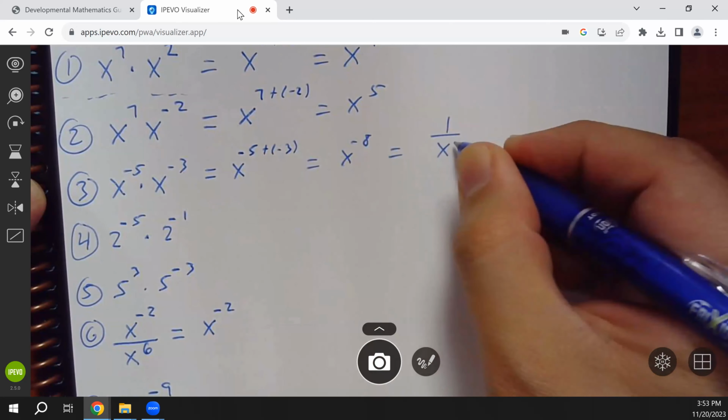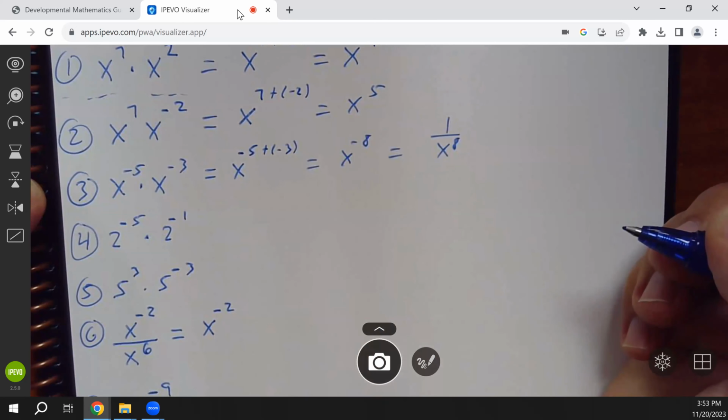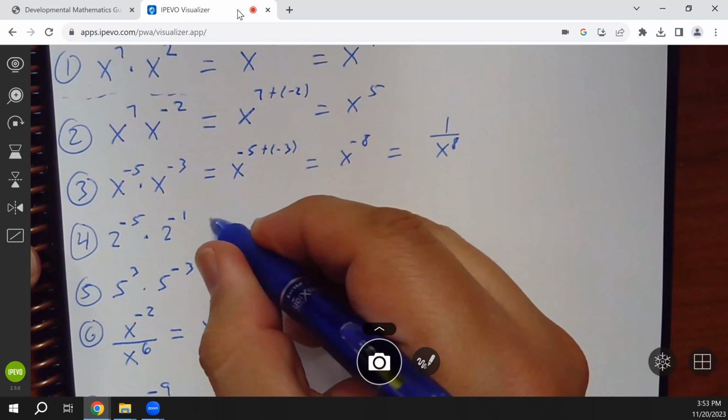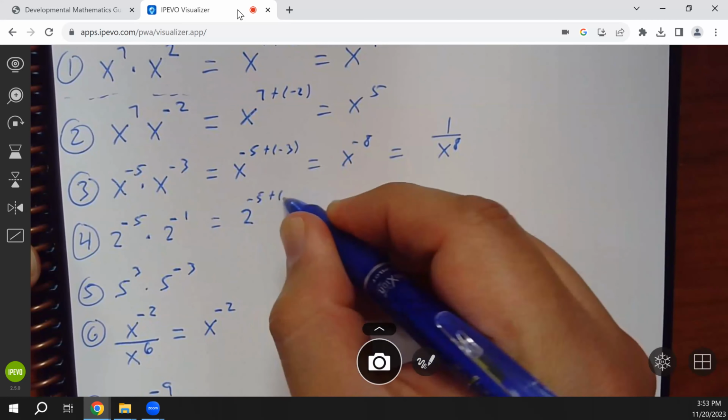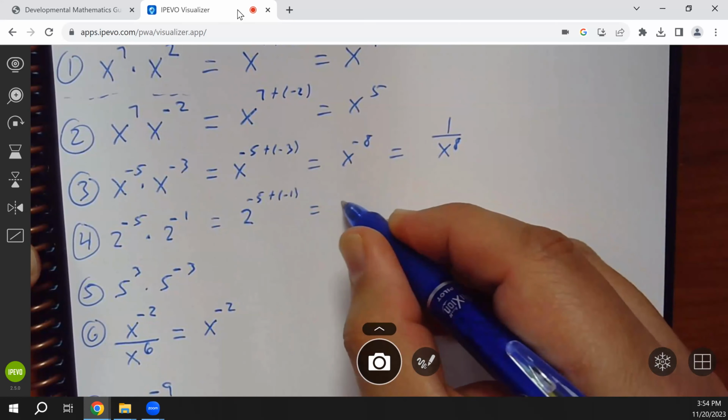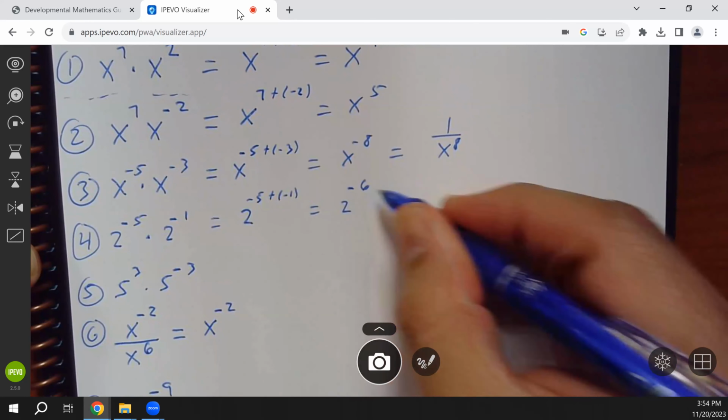And then you brought it to the bottom. Then this one, can't have a variable, just a number. -5 plus -1. -6 to bring it down.